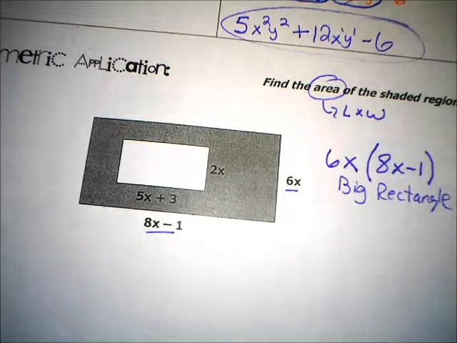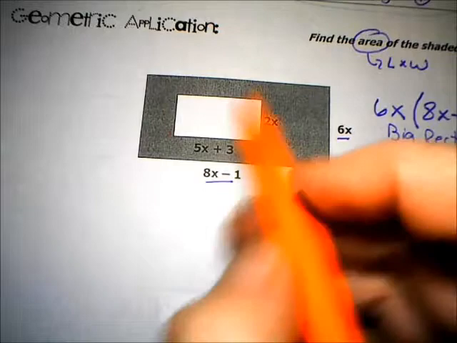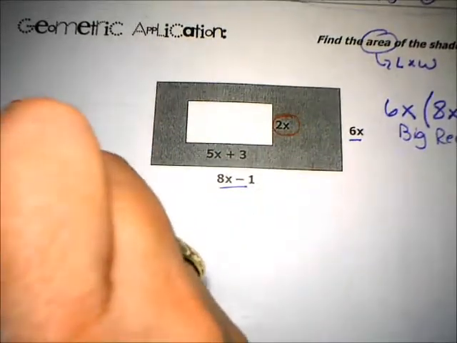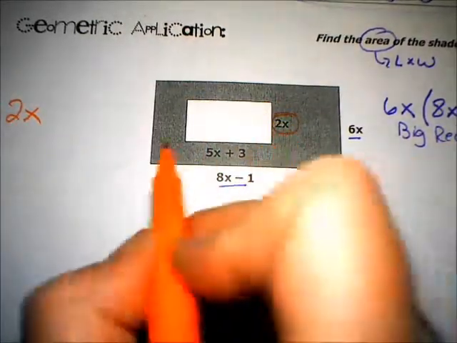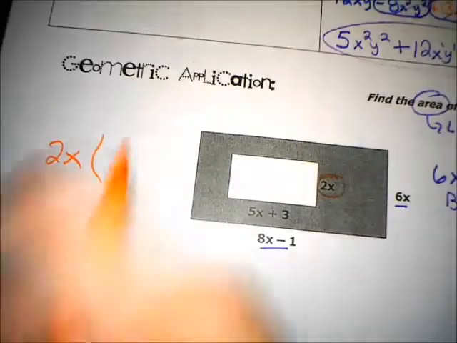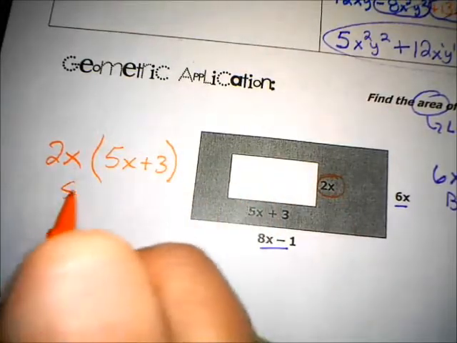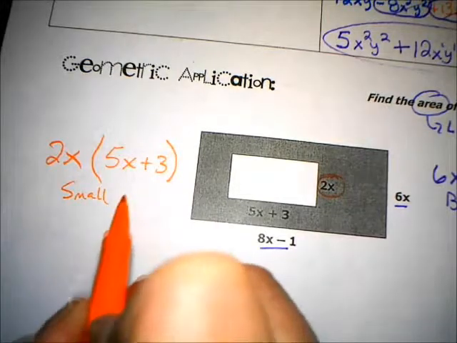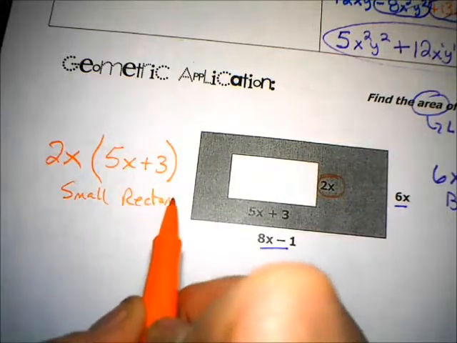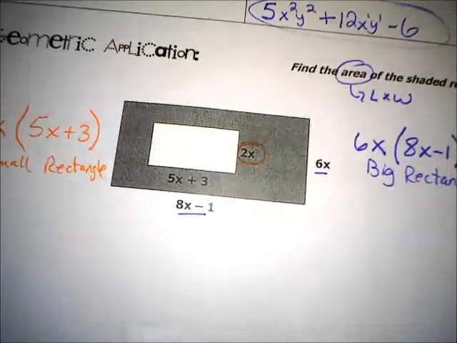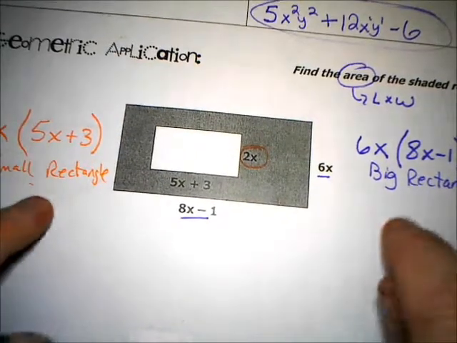Okay. The small rectangle on the inside, I have a 2x is my length, and my width is 5x plus 3. So this one's the small rectangle. Okay, so I need to find these two areas.